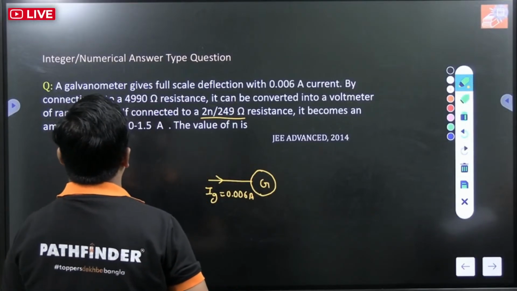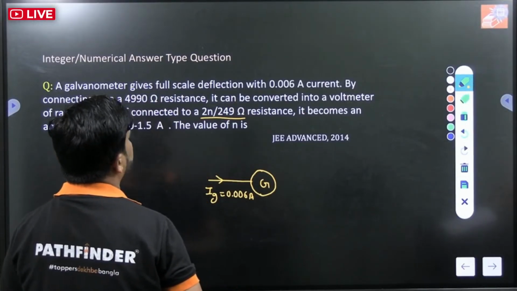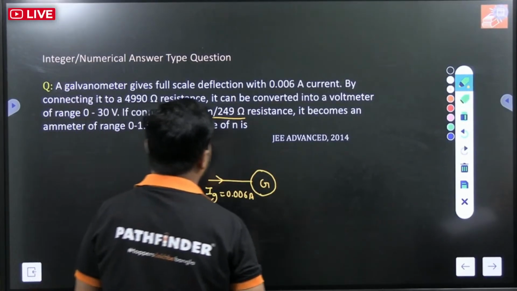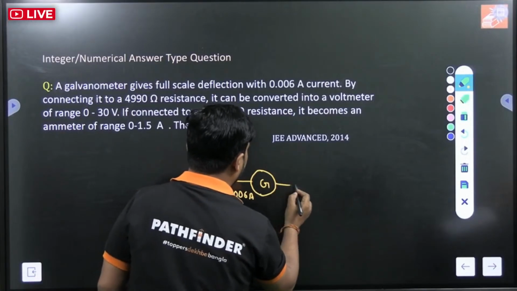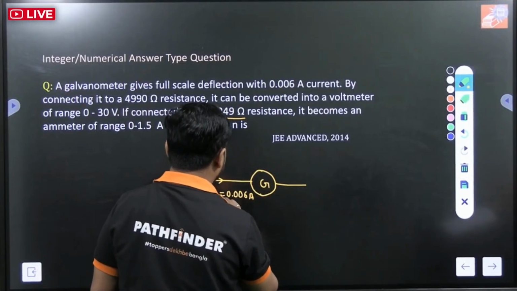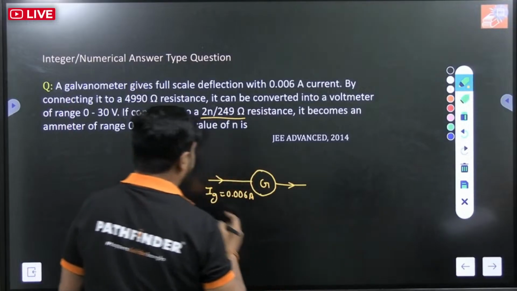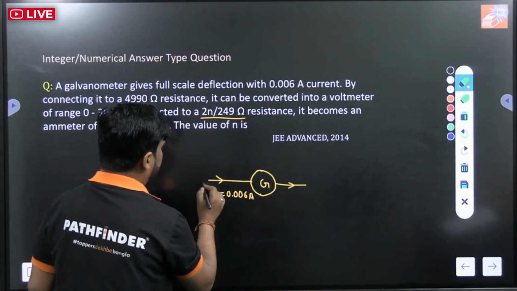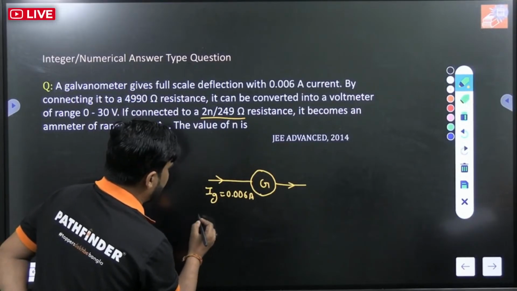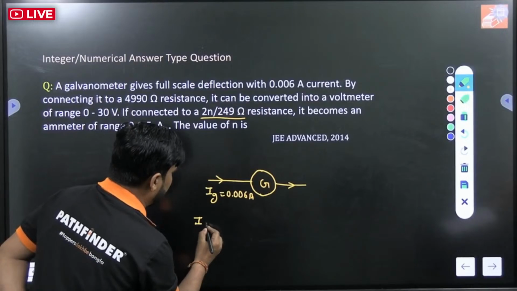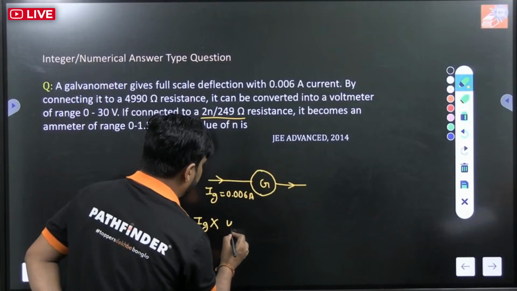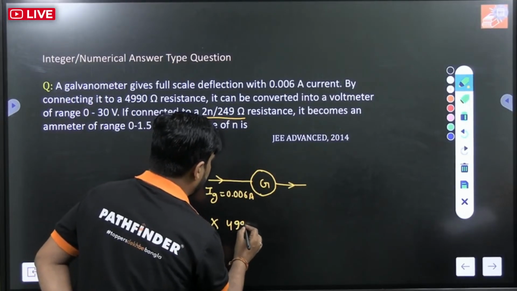By connecting it to a 4990 ohm resistance, it can be converted into a voltmeter of range 0 to 30 volt. So when you are connecting this galvanometer to the voltmeter where the resistance is 4990. So let's connect the resistance. So maximum current is Ig, and the resistance of the galvanometer.